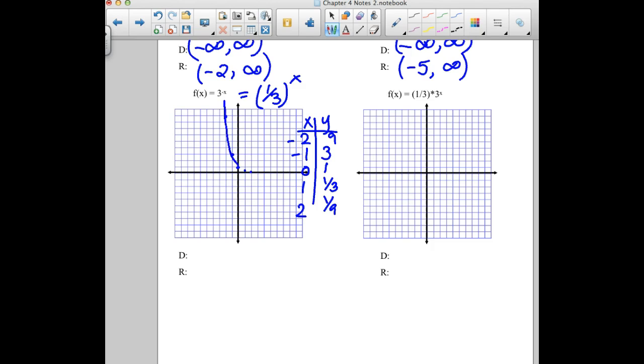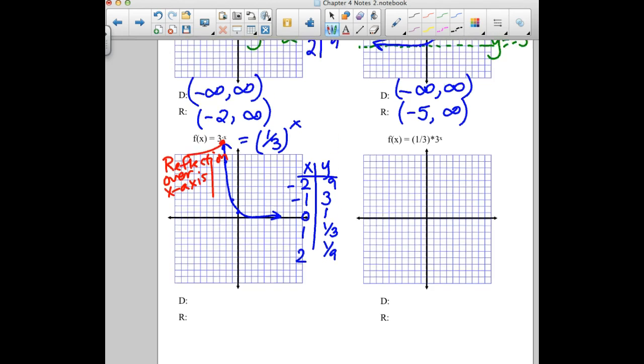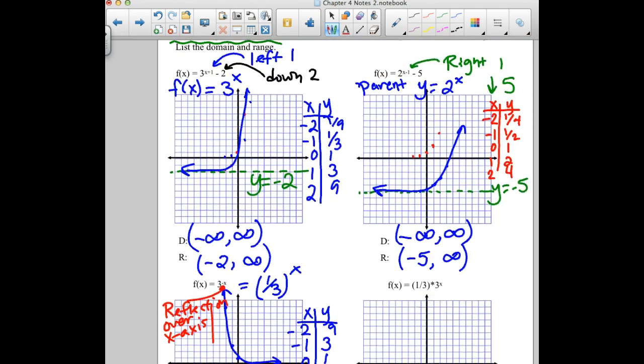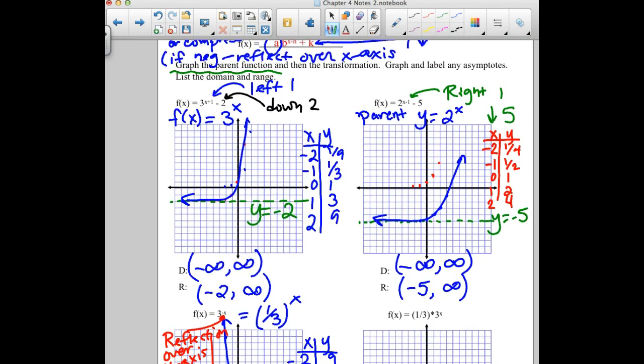So this one hasn't been shifted left or right at all. We're just looking at reflecting it. That negative here basically caused a reflection. So if we look at the one right above it, we had this 3 to the x as our parent function right here.